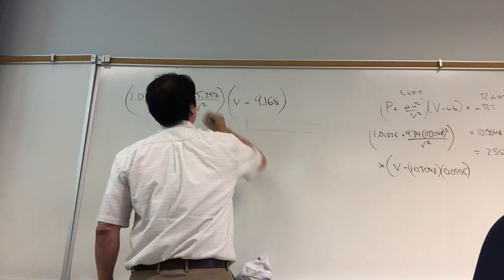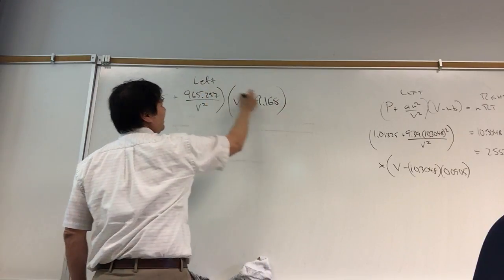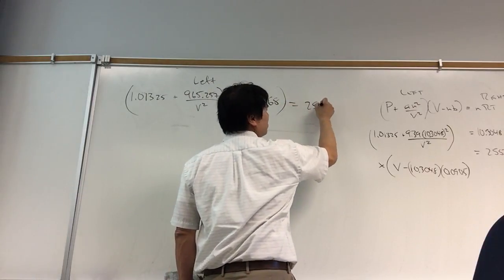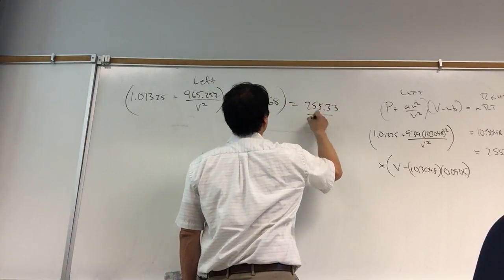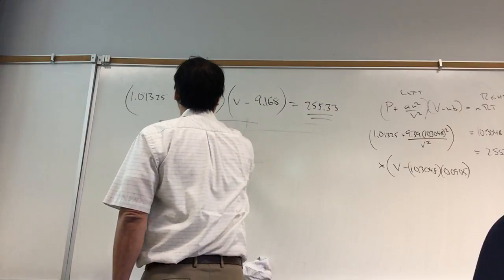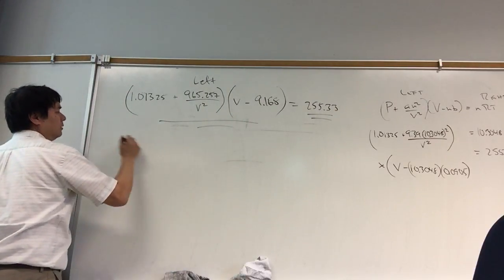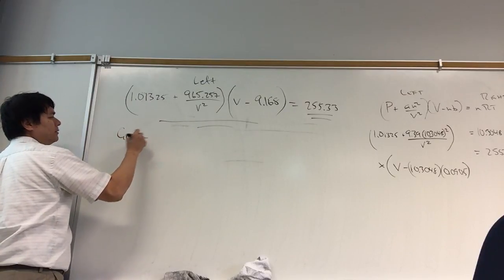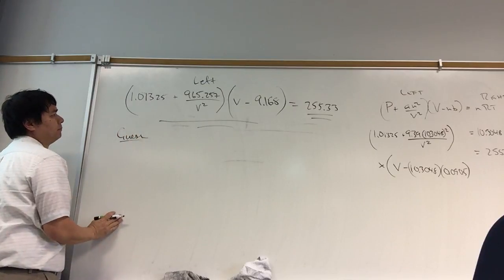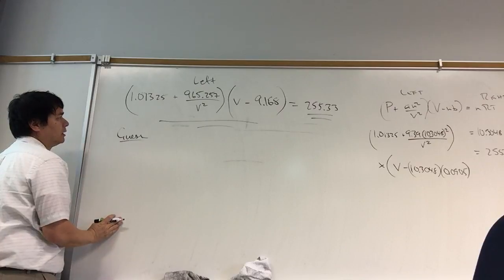Okay, so this is the left side. We want that to equal the right side, which is 255.33. And so now this is correct. The previous one was incorrect, so just eliminate it. That's why it wasn't working out.